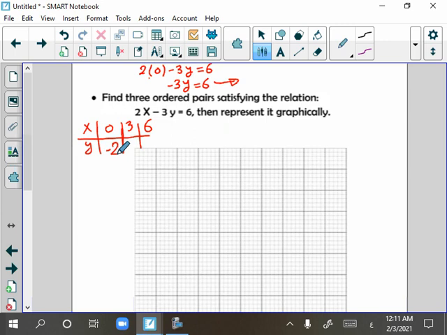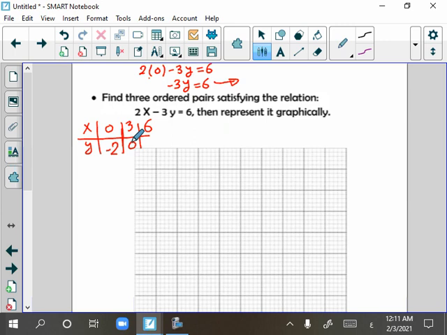And when we substitute x with 3 using the same method, 2 times 3 equals 6. When 6 goes to the other side, it will be negative 3y equals 0. Then y equals 0. And when we substitute x with 6, 2 times 6 equals 12.